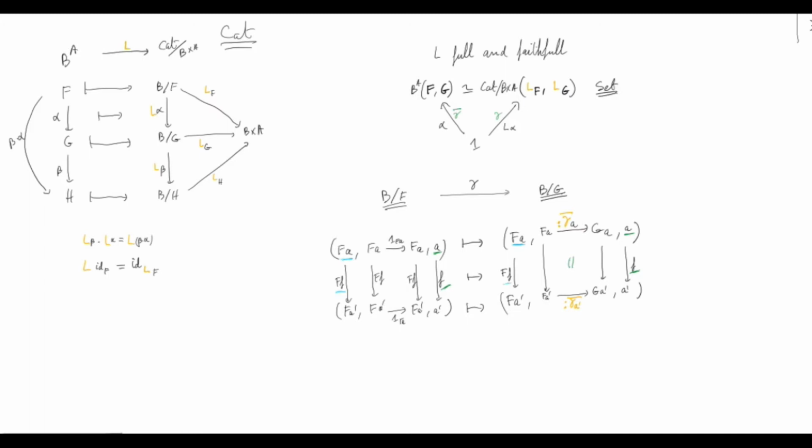And to see that if we reapply the transformation back, we have the same gamma, we can consider applying L gamma bar, and if we pick up some object in B over F, we look at what the image is.